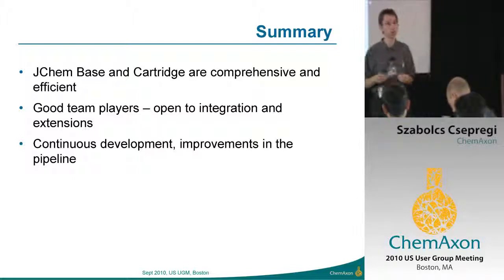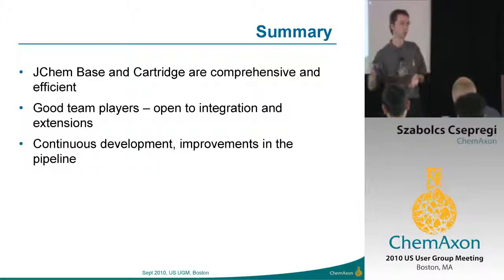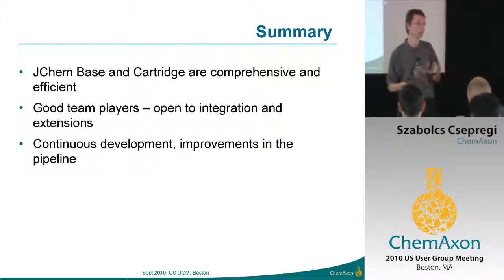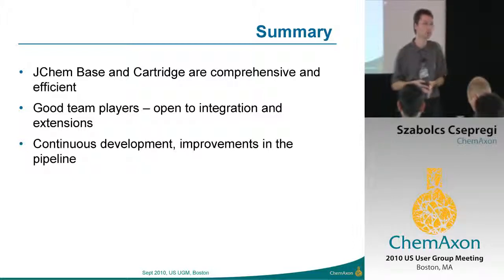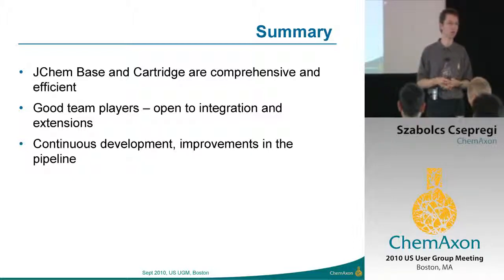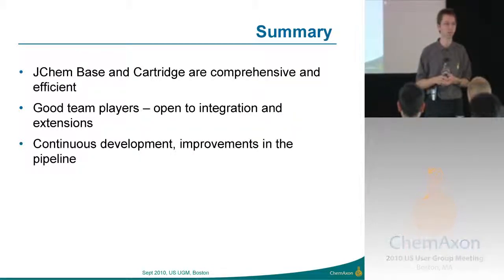What could help us is if the JVM were ported to a GPU, then we could easily port some portions of the JChem server onto that GPU architecture using the JVM, the Java Virtual Machine. But I don't know how close that is. Thank you.